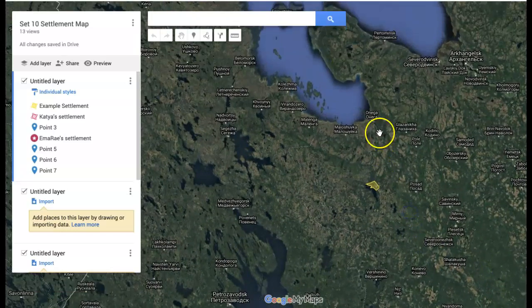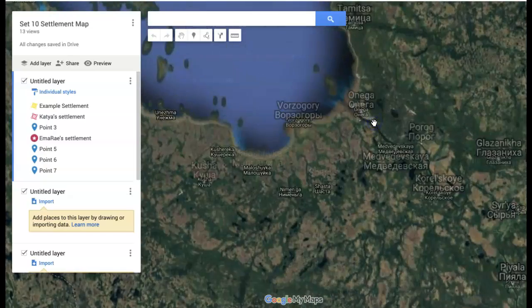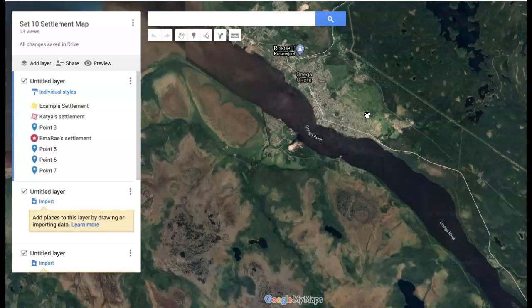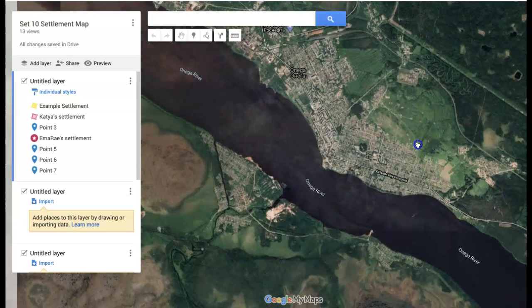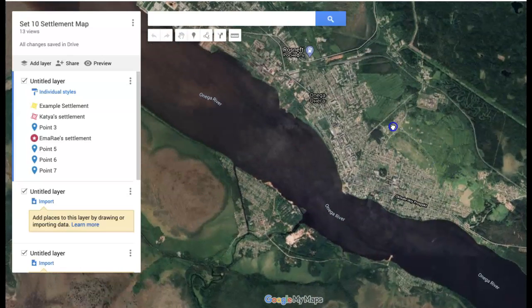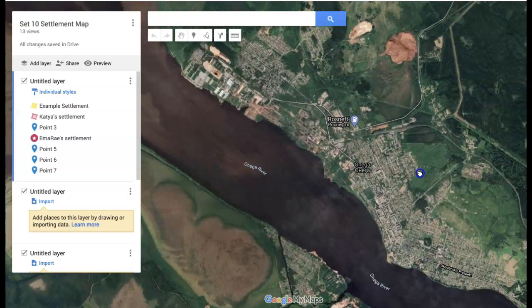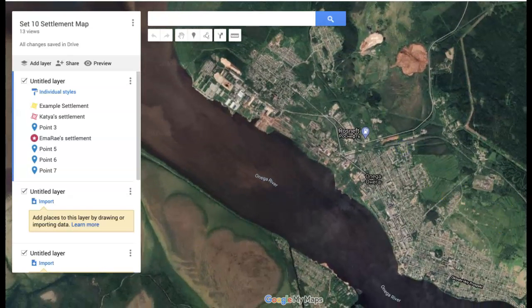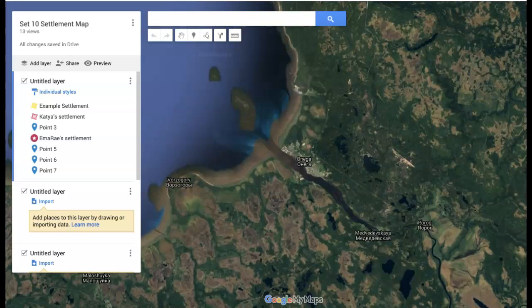If I wanted to, maybe I could look at what's the biggest one here. And even here, if I zoom way up, all right, is this a city? Sure, Onega. Is it big enough that it would give me good information? I don't know. It might. So if you want to use stuff like that, you could. It is totally your call, but just know that the smaller the place, the harder the information is going to be to find.